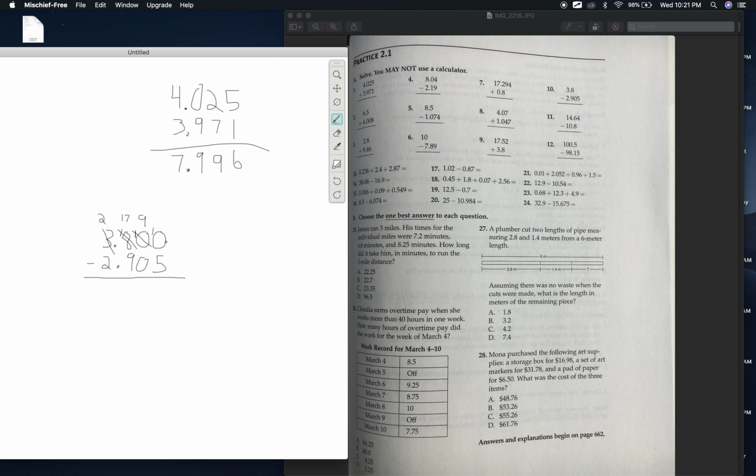So 10 minus 5 is 5. 9 minus 0 is 9. 17 minus 9 is 8. And 2 minus 2 is 0. So this is our answer right here. We don't really need to put a 0 here because it has no significance. Okay, so that was that. Let's go ahead and erase this.